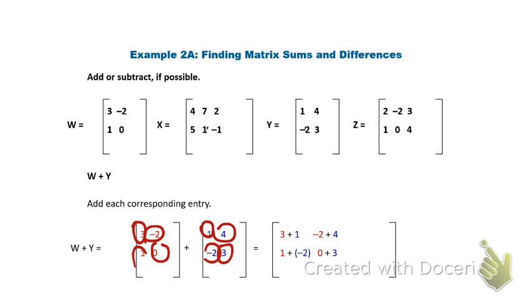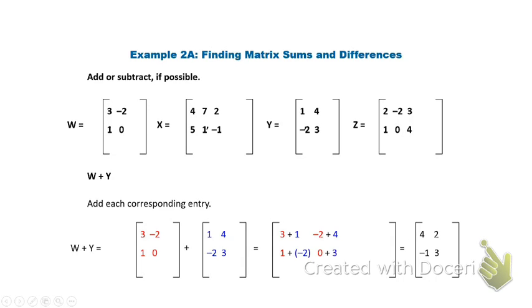And we have the 0 plus the 3. And all you have to do is add them up. And here's what you get. So you end up with another 2 by 2 matrix with entries of 4, 2, negative 1, and 3. Let's do another one.